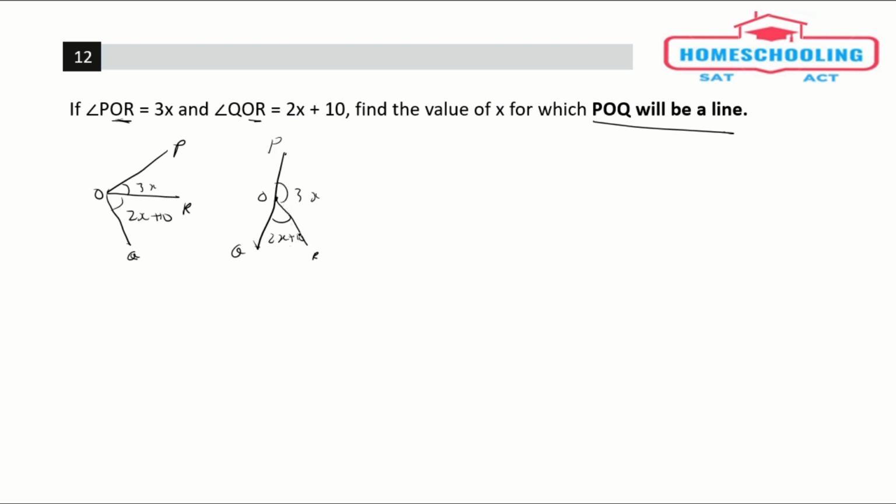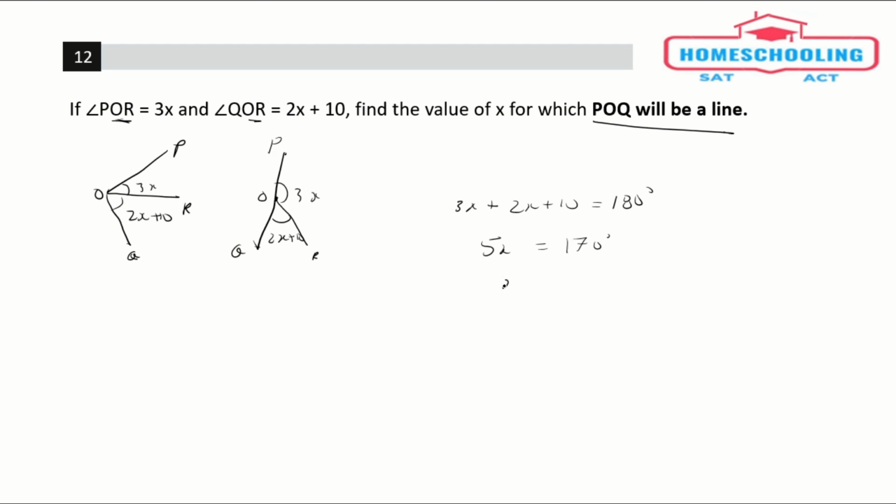So the sum of these two angles, 3x plus 2x plus 10, would be 180 degrees, because they form a linear pair. So now we can find the value of x: 5x is 180 degrees minus 10, that would be 170 degrees.